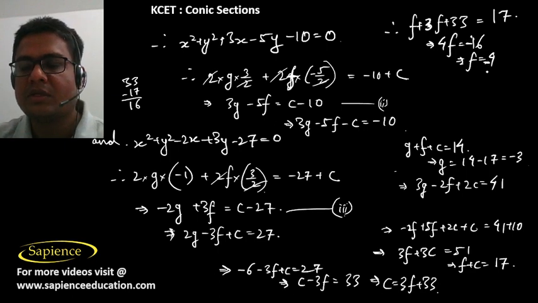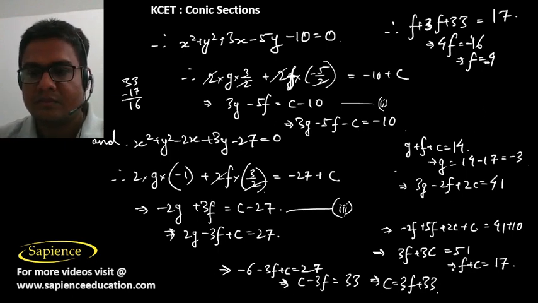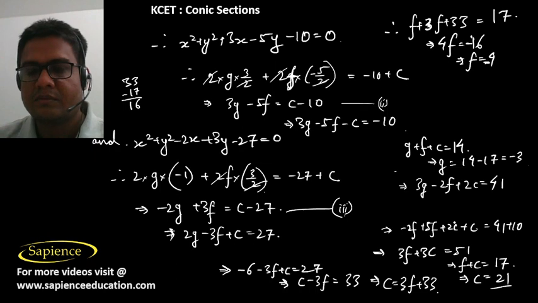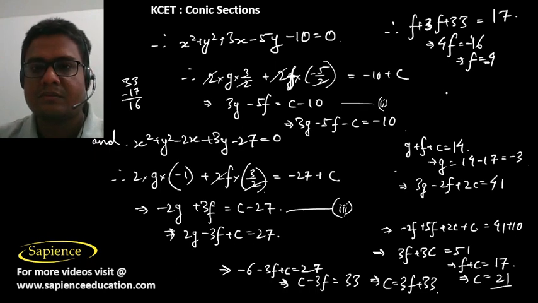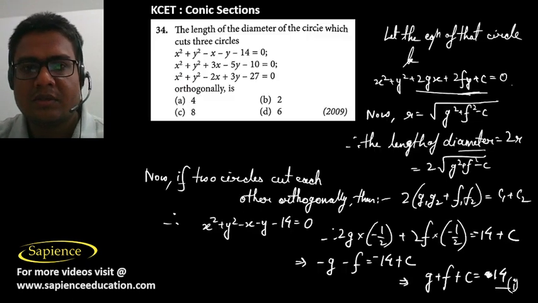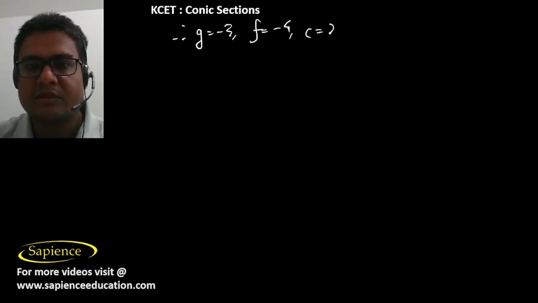So f is equal to minus 4. So therefore c will be equal to 14 plus 17 plus 4, that is 21. So therefore we got g as minus 3, f as minus 4, and c as 21.